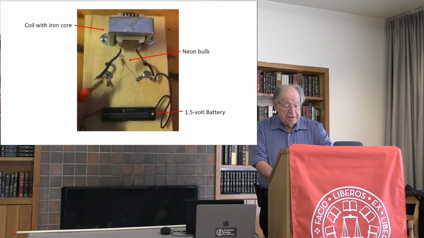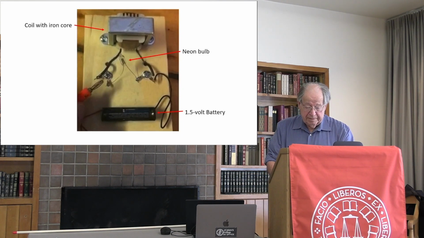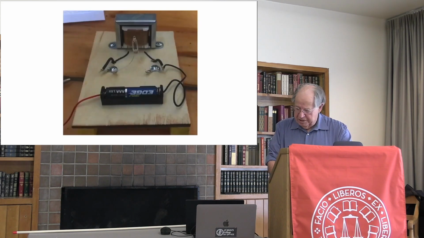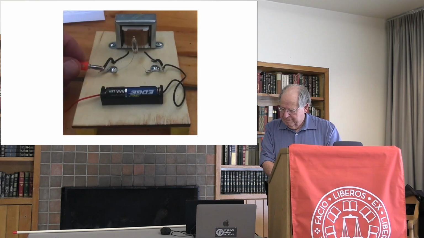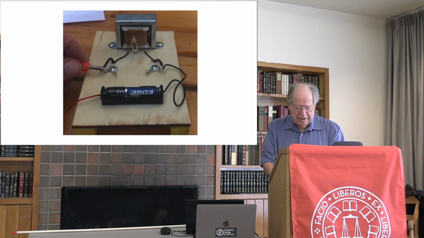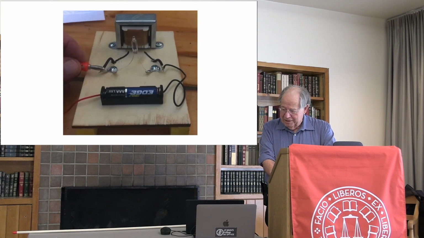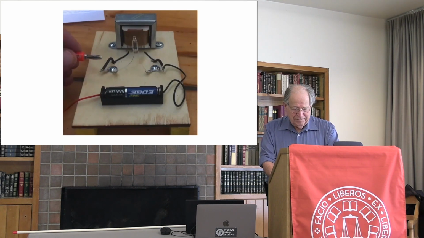The bulb requires about 90 volts to light up, but the battery supplies only 1.5 volts, not nearly enough to light the bulb. I make the connection, and of course the bulb doesn't light. But when I suddenly break the connection, the bulb flashes.